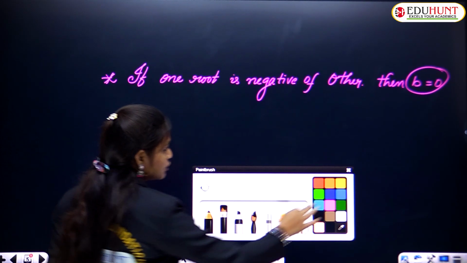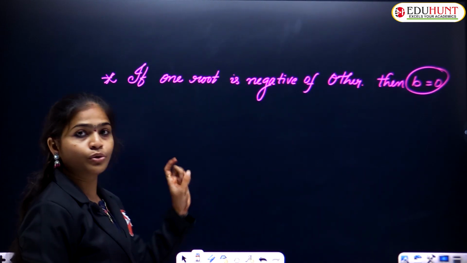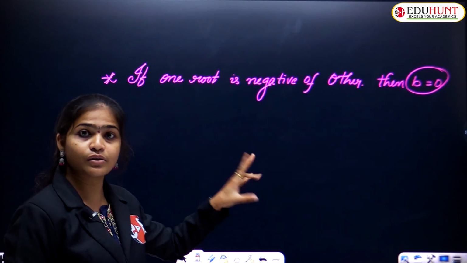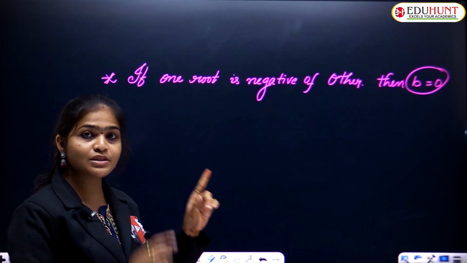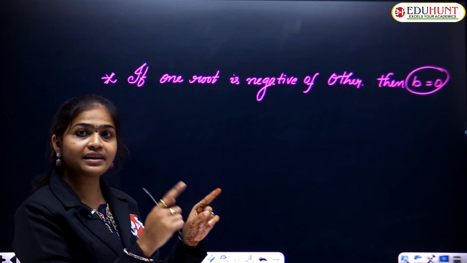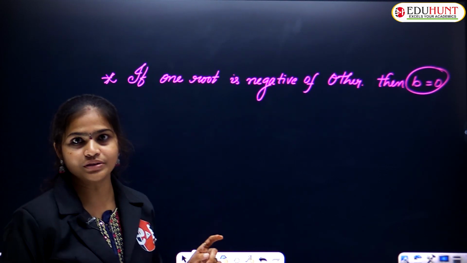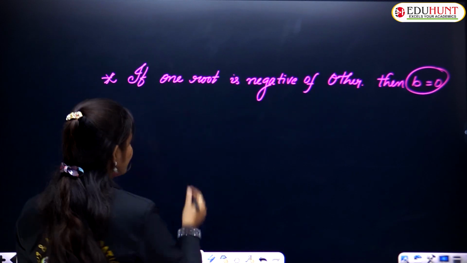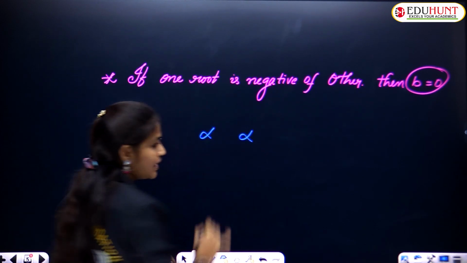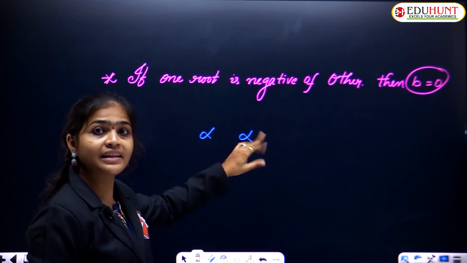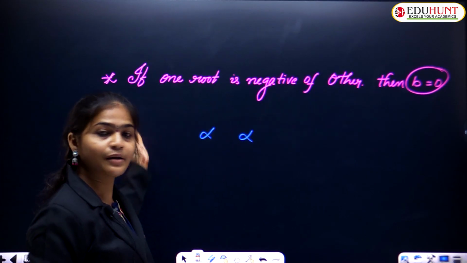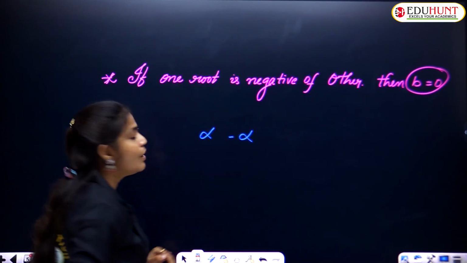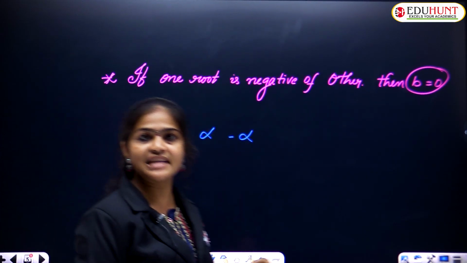In that condition, what they are saying here is that the two roots are negative of each other. Two roots are negative of each other means the two roots are equal in magnitude but differ in sign. Here one is positive alpha, another one is minus alpha.